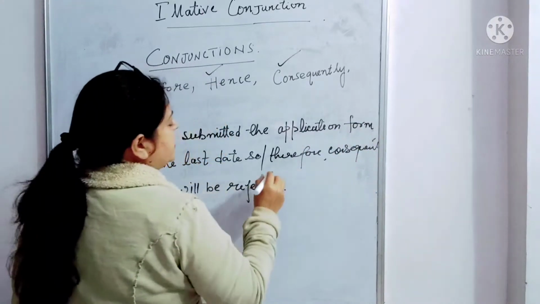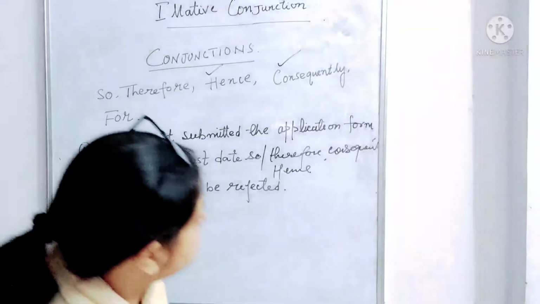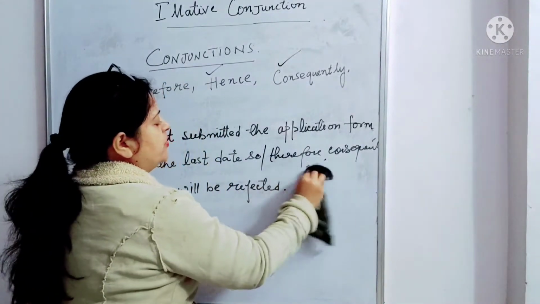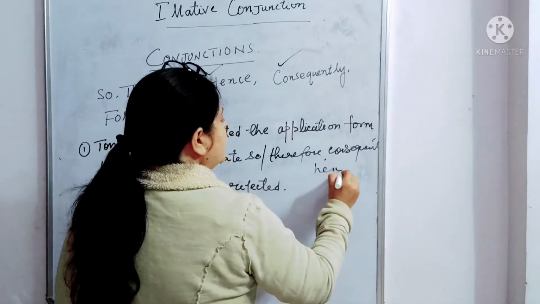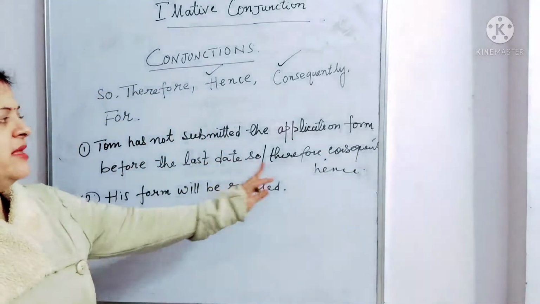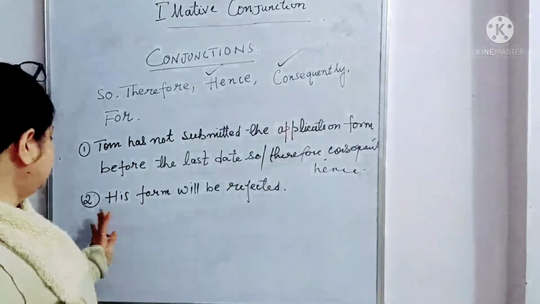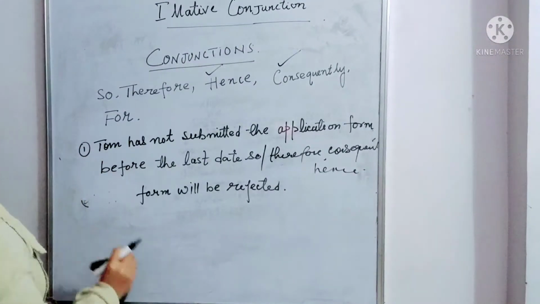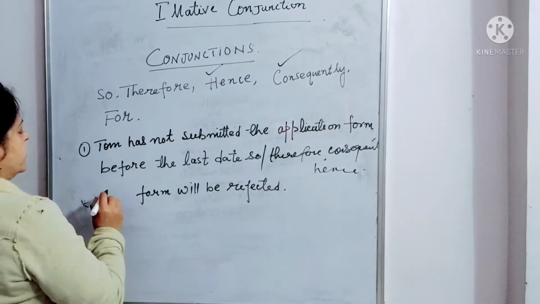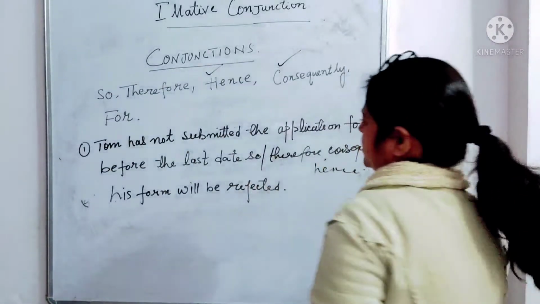All are applicable here. Or if we want, we can also write "hence," in small letter. After writing this conjunction, in the next sentence we will have to make it a small letter. So his application form will be rejected.